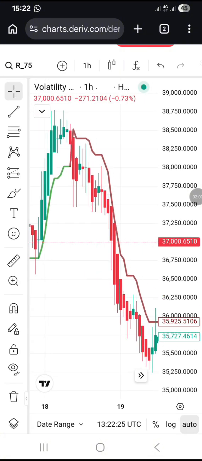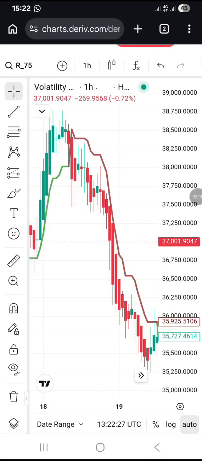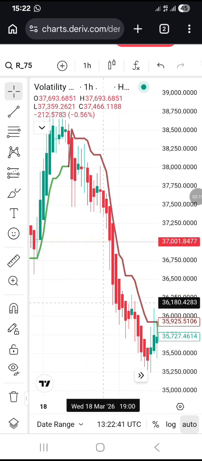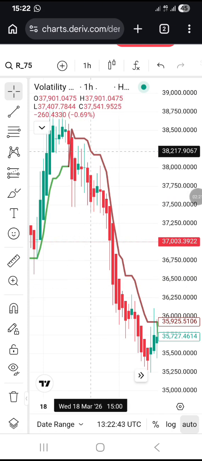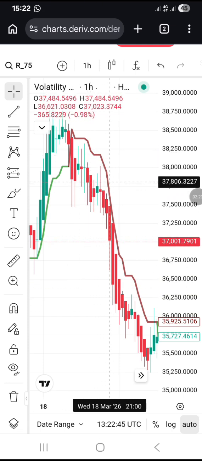So this is my personal strategy which I prefer using when trading Volatility 75. How do I make sure that I get maximum profits all the time? I wait for the Heiken Ashi to turn red, as you can see here, and then I also wait for the confluence of the Supertrend to also be red.